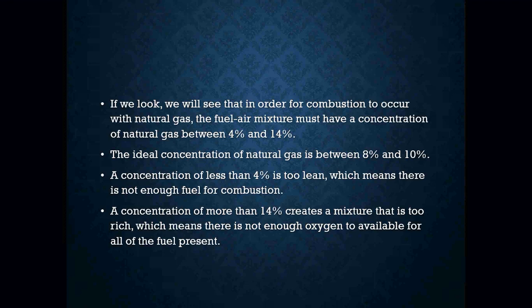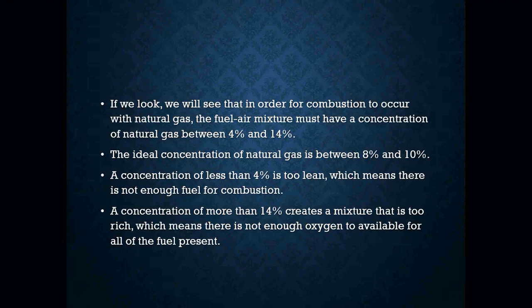So if we look, we will see that in order for combustion to occur with natural gas, your fuel and air mixture must have a concentration of anywhere between 4 and 14%. The ideal concentration of natural gas is between 8 and 10%.